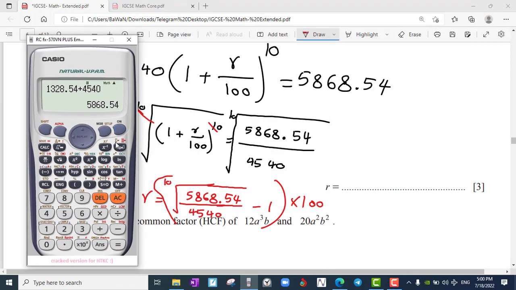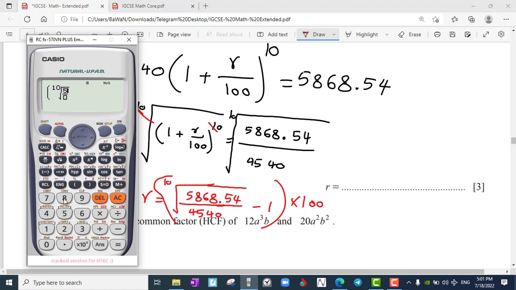We try to write it exactly the same. Firstly, there is a bracket, then there's a root. If we press shift and this, we can enter the 10, and under the root there is a fraction.